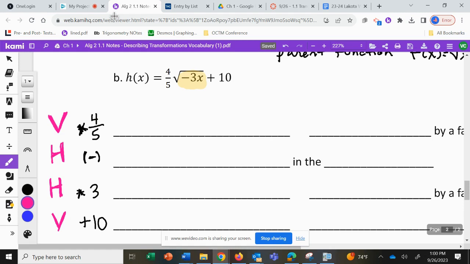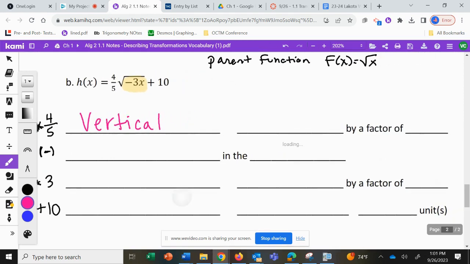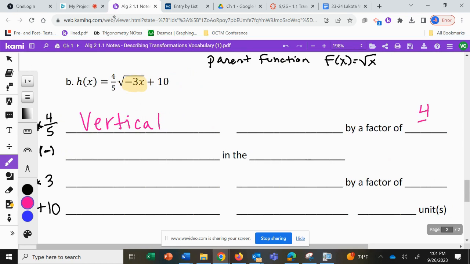If it is a multiplication, then it's a vertical. It's going to either be a stretch or shrink, and my factor is going to be 4/5. So we have to decide, will 4/5 make something bigger or make it smaller? Smaller, it's less than 1, bigger than 0. So this is a shrink.